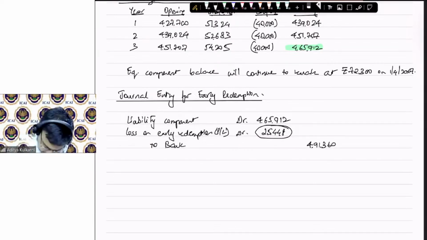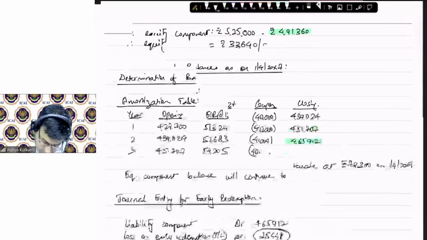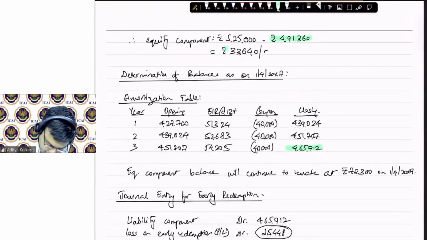On the other side, you will be having equity component debit 72,300 to bank. How much are you paying off? 33,640.